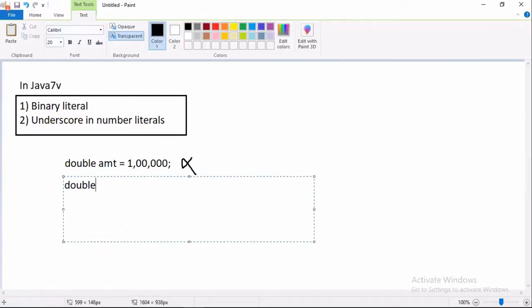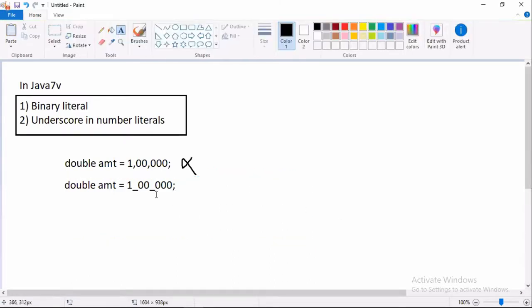I have to write double amount equal to, for easy understanding, from Java 7 onwards, you can write underscore between the digits in the number literal. Double amount equal to 1 underscore 0 0 underscore 0 0 0.